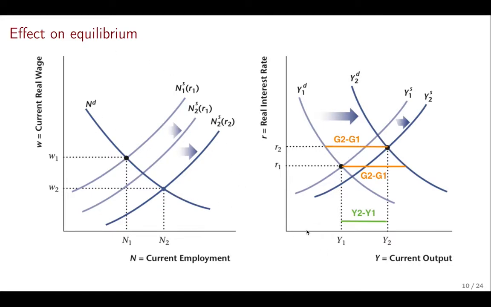Now, the first thing we're going to see is there is an aggregate demand Y1 before government spending goes up.